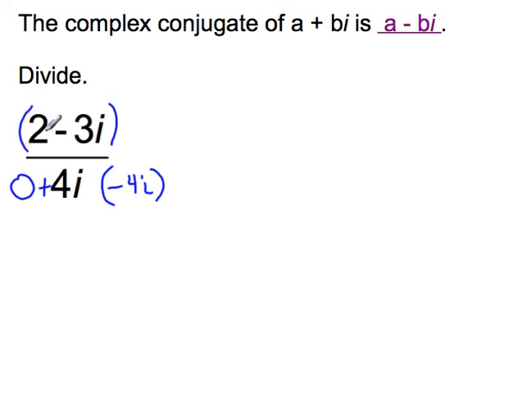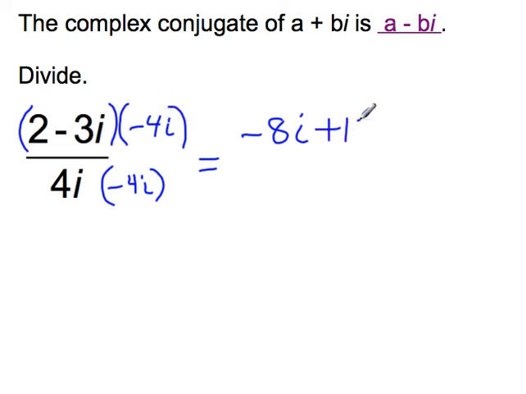So I'm going to multiply the denominator by the complex conjugate, which is -4i, but that means I also need to do that to the numerator. So we're going to multiply top and bottom by -4i. So now when I multiply out, we distribute on the top, so it'd be -8i, and then plus 12i squared over 4i times -4i, which is -16i squared.